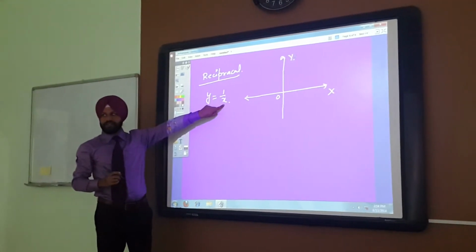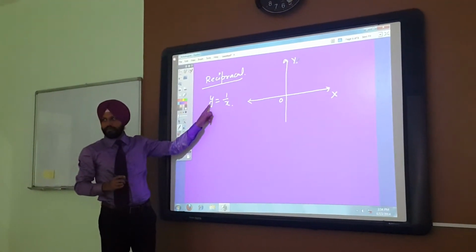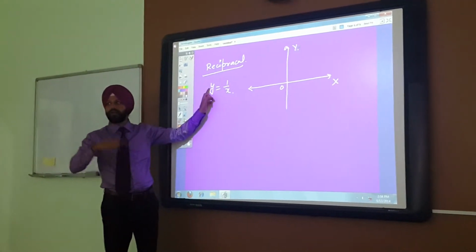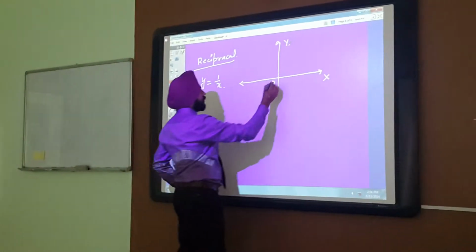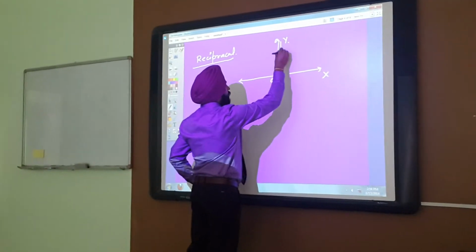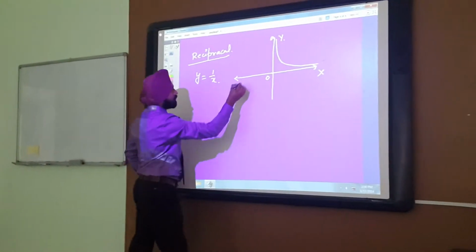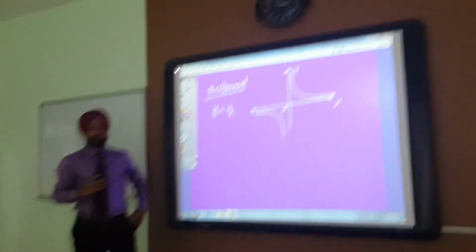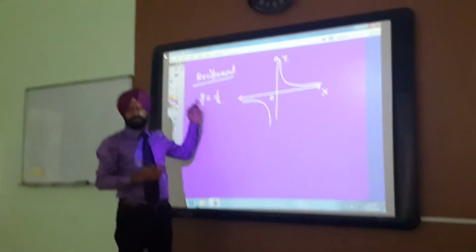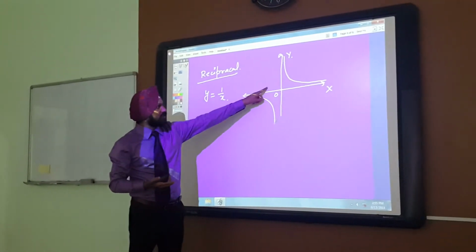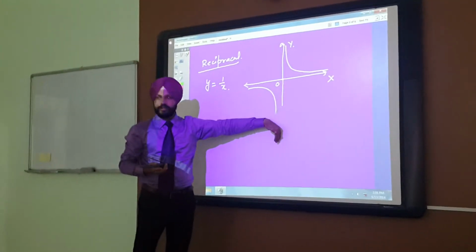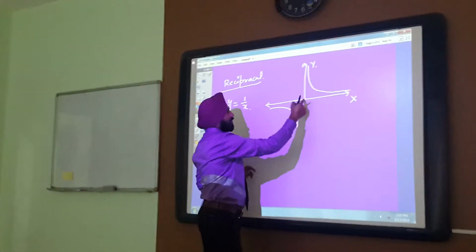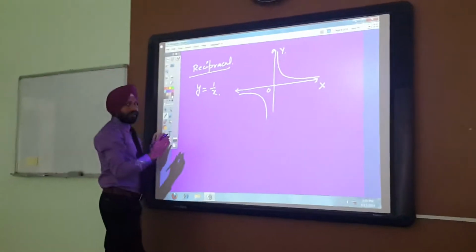For minimum value of x, y is maximum, reciprocal. For maximum value of x, y is minimum. Okay? So the curve will be like this, and symmetric on other side also, because if x is positive, y is also positive. If x is negative, y is also negative. Okay, so this is the standard curve. This is 0, x and y.